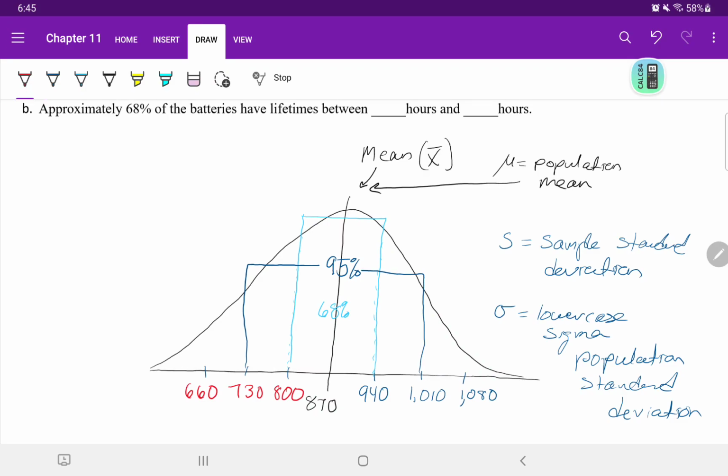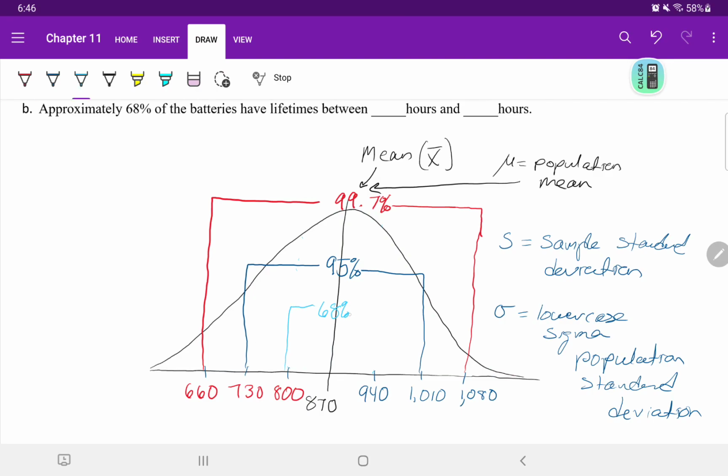And about 99.7% of your data lies within 3 standard deviations from the mean. Actually, let me redraw my blue one so it can make better sense in terms of the graph. And that's within that interval.